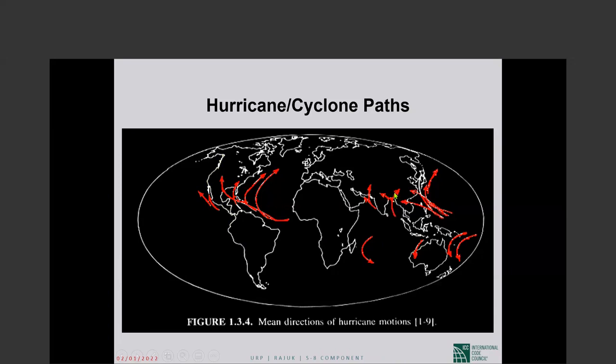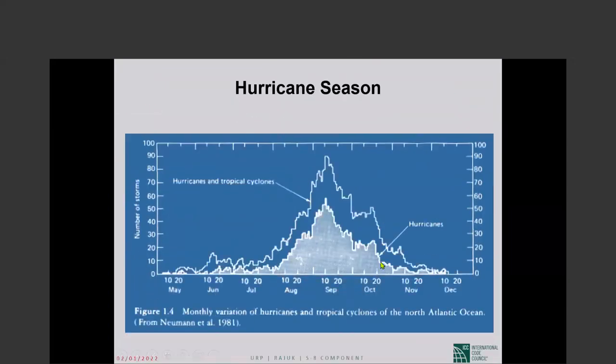Bangladesh is smack in the middle of hurricane alley, or cyclones, as they're called in the tropics. So it is a huge problem, as you know. I don't have to tell you. So hurricanes are, I don't want to say localized, but they happen some places, don't happen in other places.